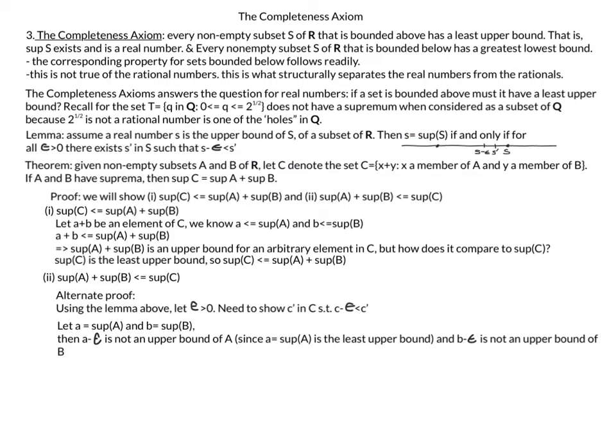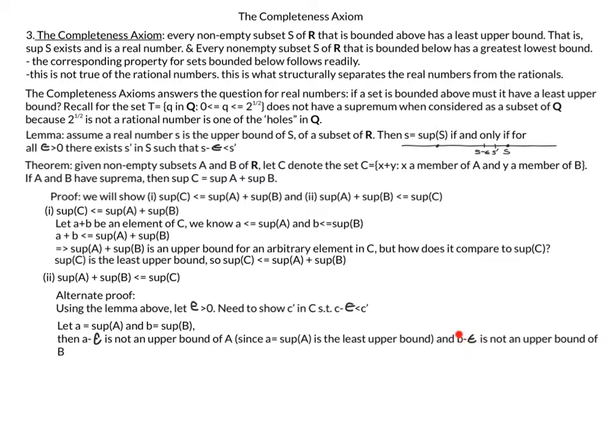I just reworded my lemma to rename my set S equal to C and my elements little s into little c. Then I'm going to look also at sup A and sup B. So if A is equal to sup A and B is equal to sup B, then A minus epsilon, that's something a little bit smaller than sup A, cannot be an upper bound since sup A is the least upper bound.